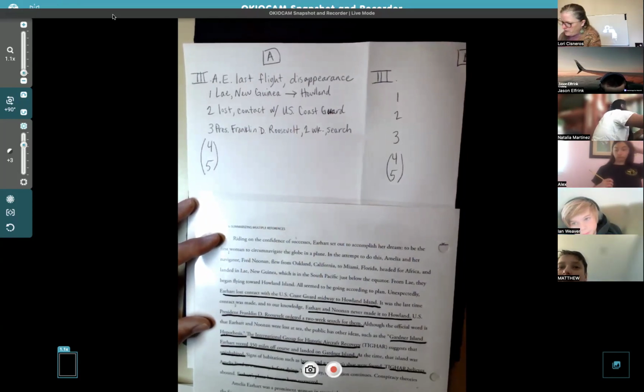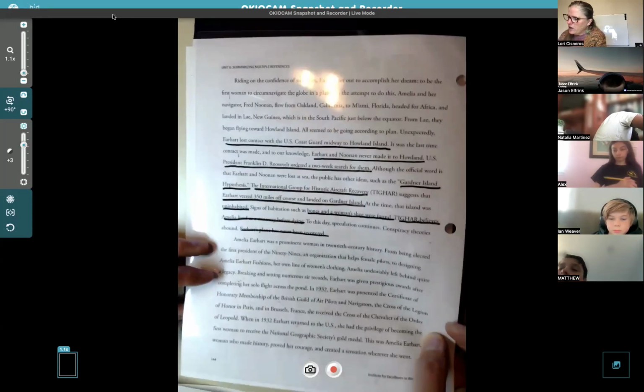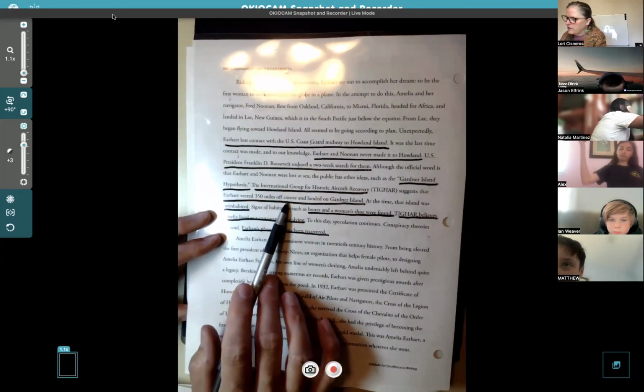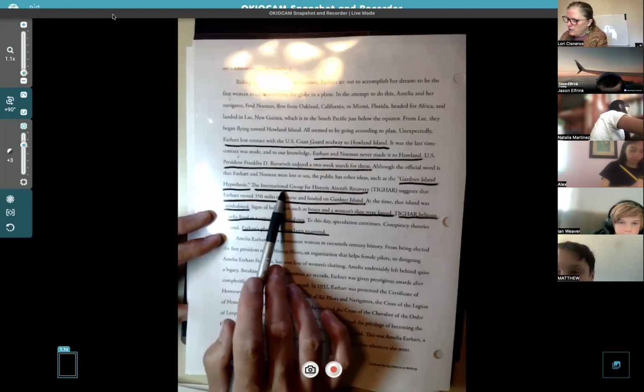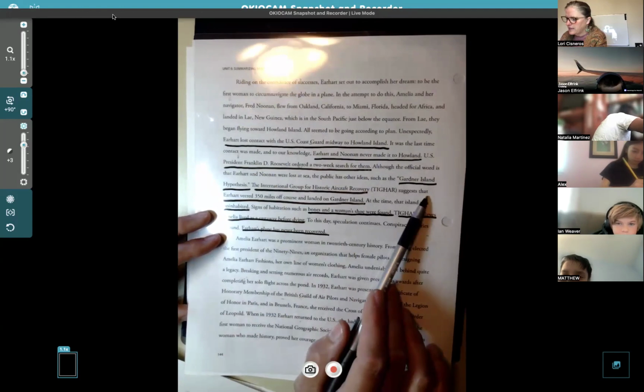Let's see, I feel like I got to put a little bit more. I think I'm going to call this a theory right here, where they think she veered 350 miles off course. I'm going to call that a theory, even though it came from the International Group for Historic Aircraft Recovery, because it suggests that.